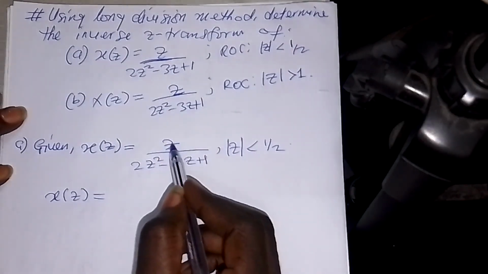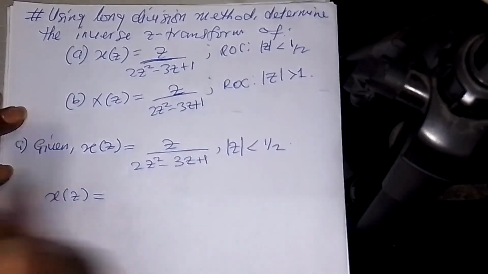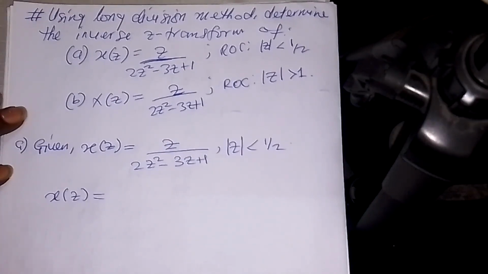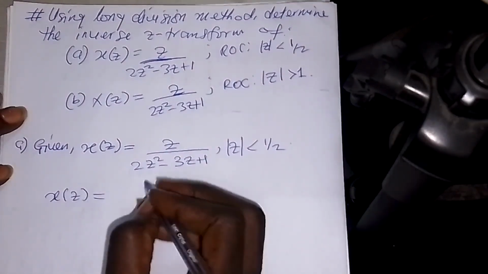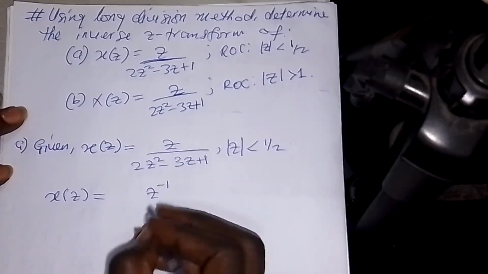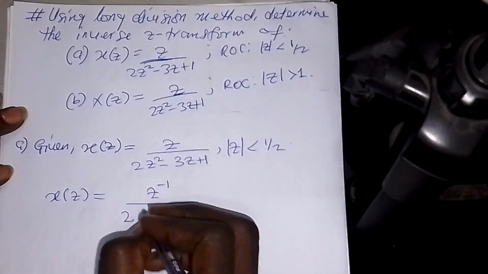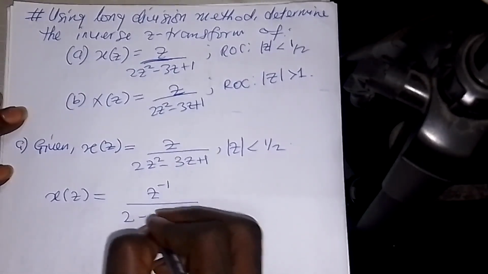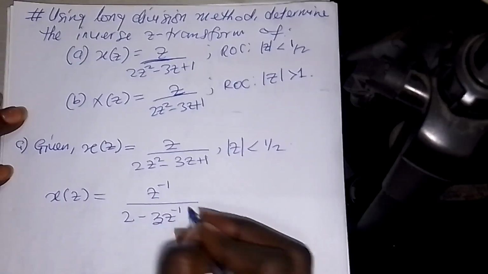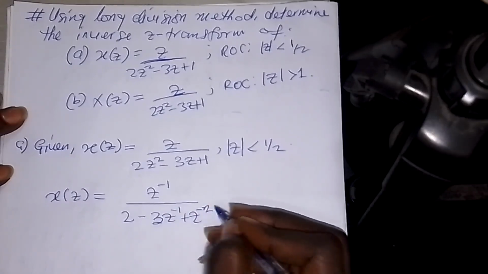The highest power here is z exponent 2, so I'll divide through everything by z exponent 2. In that case I'll have 1 over 1 plus 2, and then minus 3z exponent minus 1, and then z exponent minus 2.